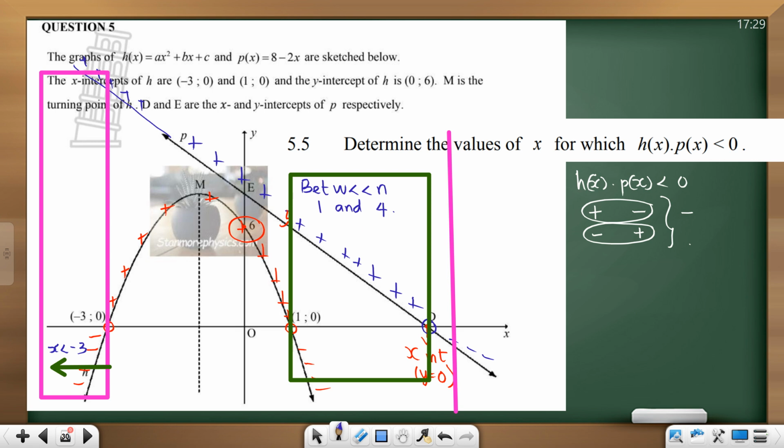Look at the way I'm going to write my answer. Can you see my between? There. Between 1 and 4. Done. And then x is less than negative 3. x is an element of real numbers. I'm done. Please let me know if we understand.